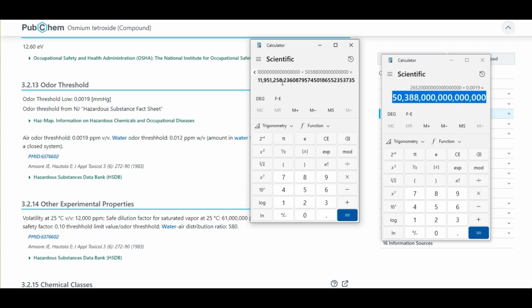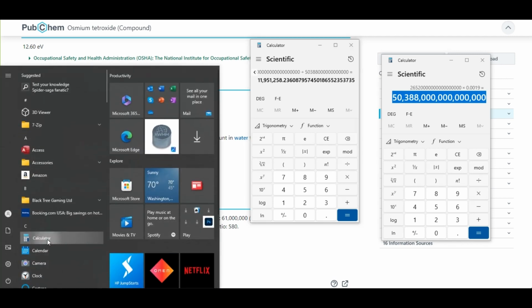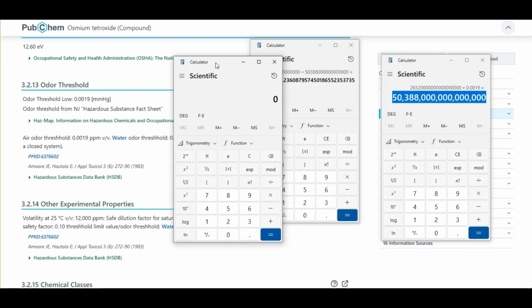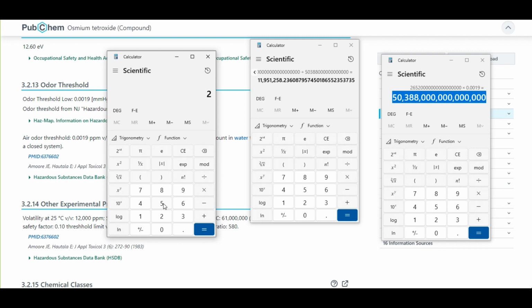Now, this is the number that we need to divide osmium tetroxide's molar mass by to get the milligrams per cubic meter of air concentration. So I'm going to pull up yet another calculator. I'm going to enter osmium tetroxide's molar mass in milligrams and divide that by this number.